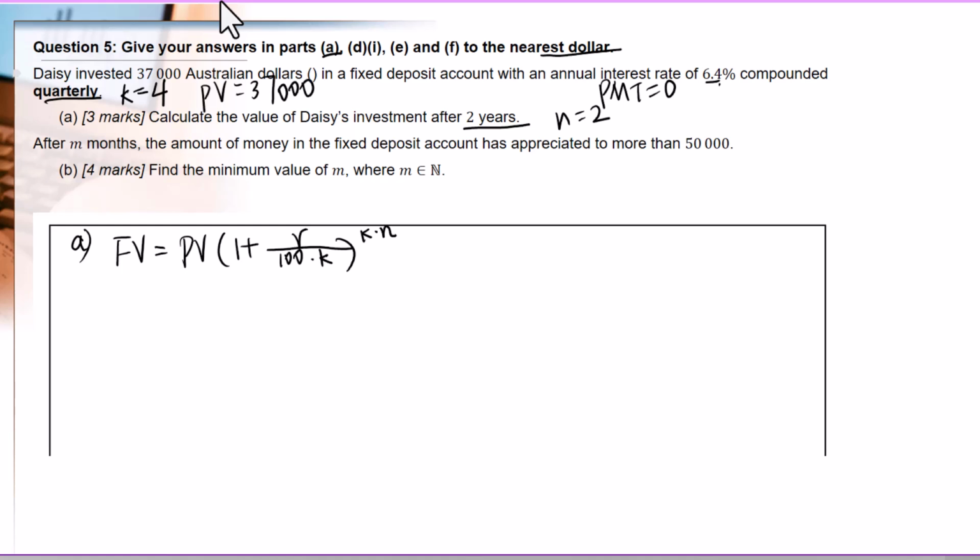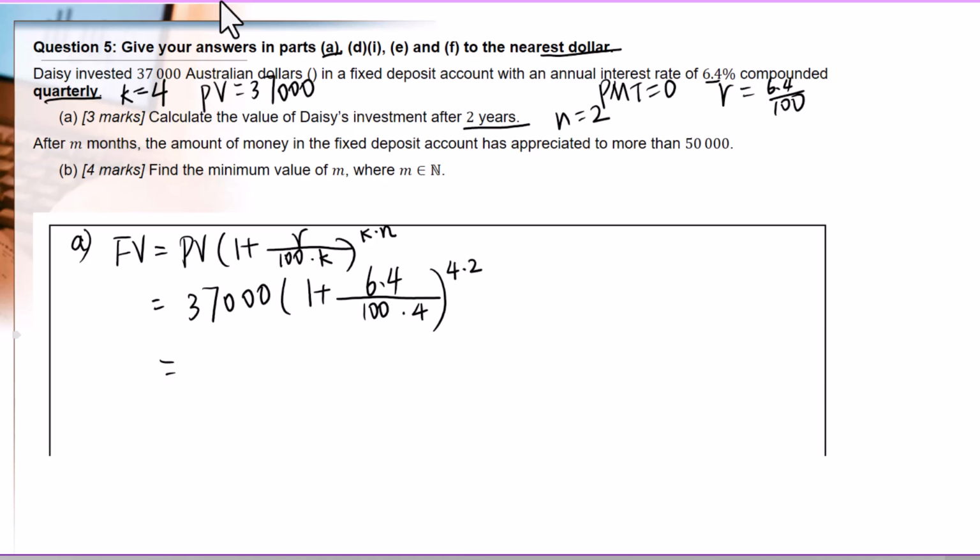Rate is 6.4 over 100. So we do the substitution: $37,000 times (1 plus 6.4 over 100 times 4) to the power of 4 times 2.